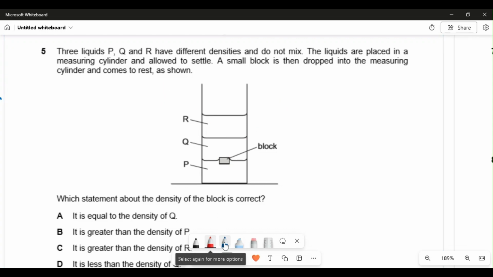Before I move to the options, we need to remember why an object sinks or floats. An object sinks when it has density more than the liquid in which it is being poured, and it floats when it has density less than the liquid.